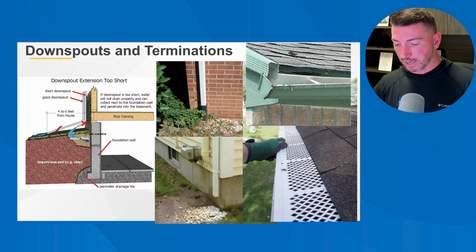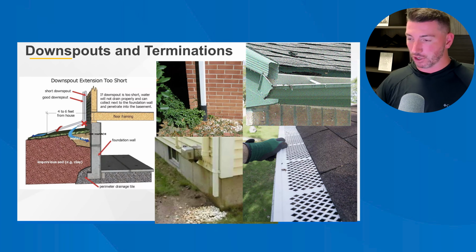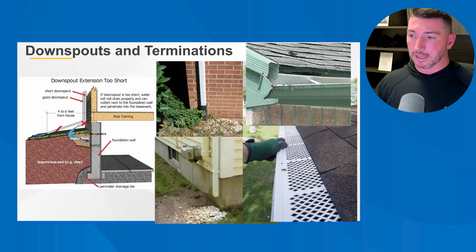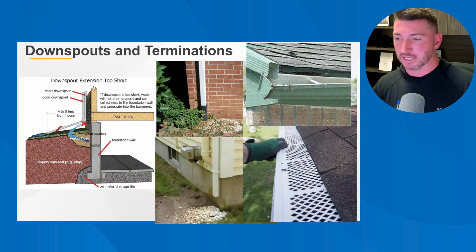Check whether the termination is directing water away from the foundation. That's a huge one. Again, in that lower middle example, it looks like they have some kind of a drainage solution there, so I can't knock them. But if you look at that left one where the downspout extension is too short, that water is being diverted technically away from the house, but it's not a long enough extension.